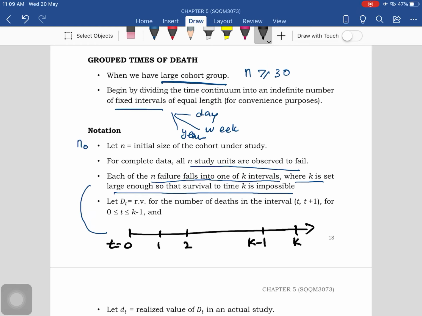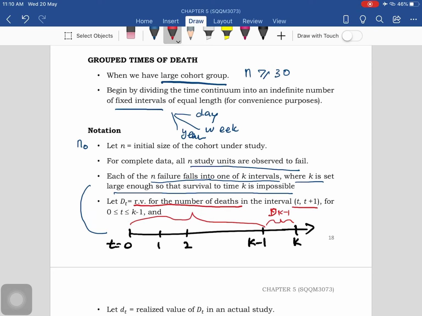Okay, so let dt be the random variable of the number of deaths in the interval t to t plus 1, for interval t from 0 to k minus 1. Okay, because here it becomes dk minus 1 to 1, isn't it?